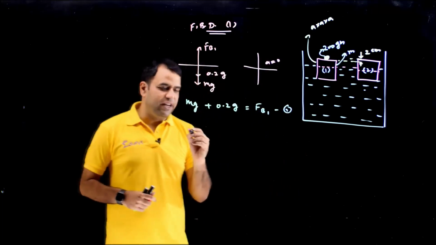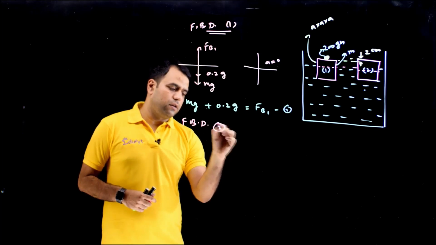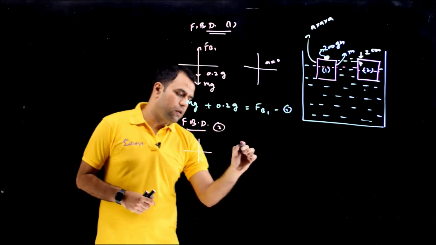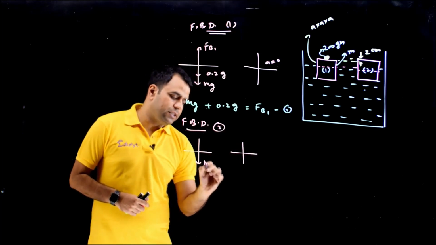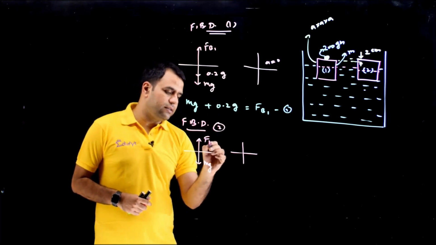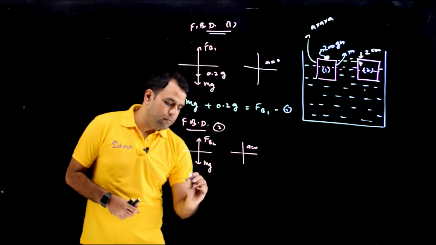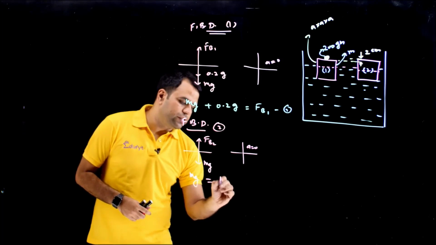So let's make the FBD for 2. There is this mg, there is no 0.2 g, and there is this FB2, and the acceleration is again 0. So mg will be equal to FB2.